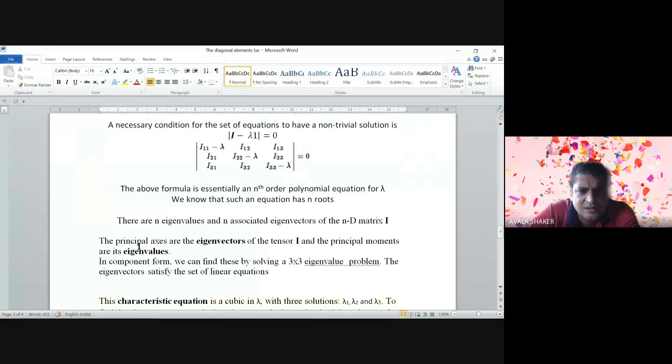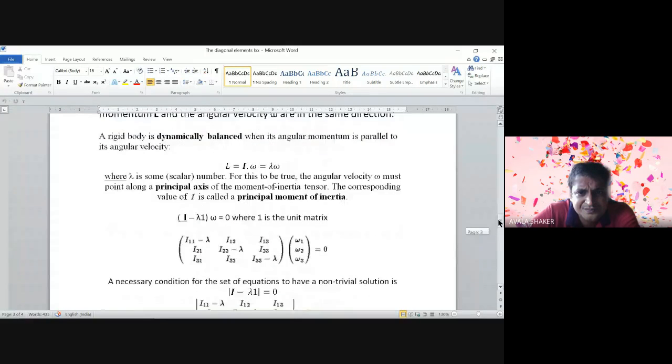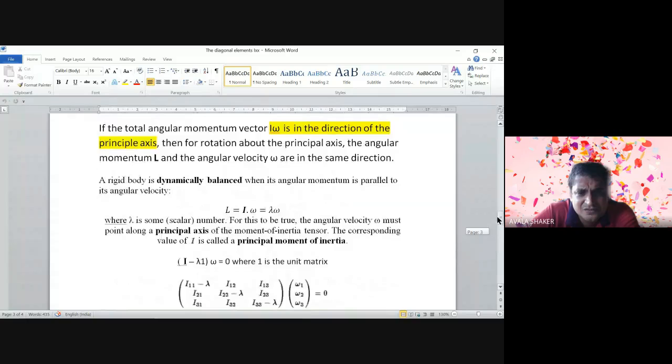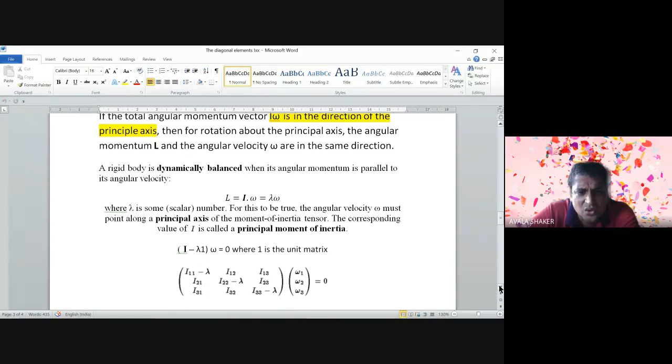So the principal axes are the eigenvectors of this tensor. When you diagonalize this, what has happened? L is parallel to omega.